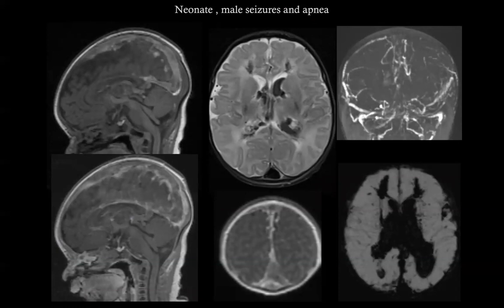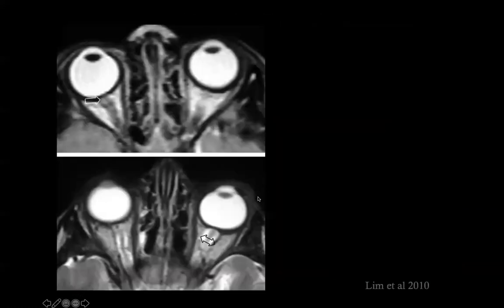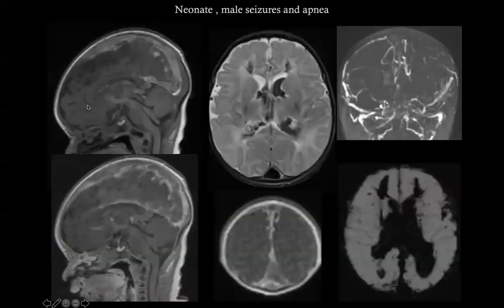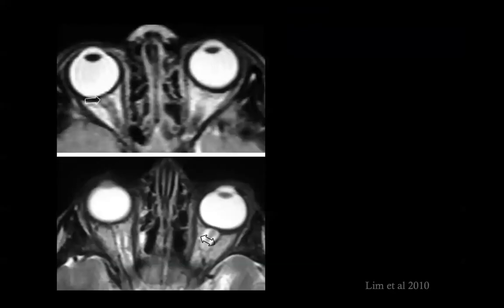Because in the MPRAGE, the vessels are full of contrast, so you have a CTV-like appearance, and you can see here that in pre-contrast you have a hyperintensity of the blood, and in post-contrast you can really delineate the extension of this thrombosis much better than the MRV. So we use MRV, but also MPRAGE pre and post-contrast, and of course the FLAIR is also very useful.